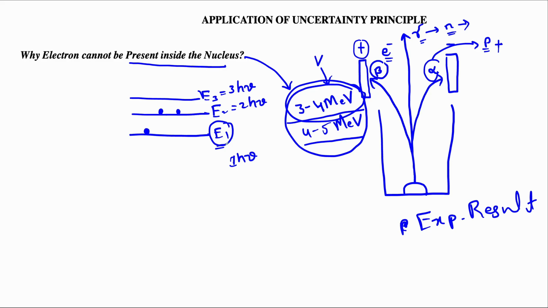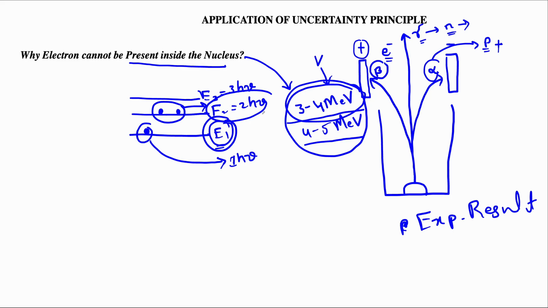That means if an electron wants to stay at the E1 energy state, then this electron must have this much energy. If these two electrons want to stay in the E2 level, these two electrons must have this much energy to stay in the E2 energy level.